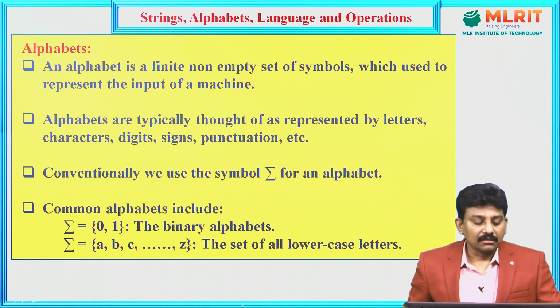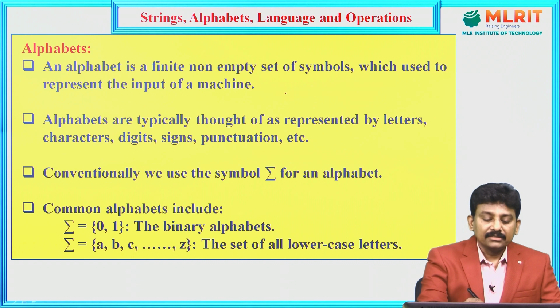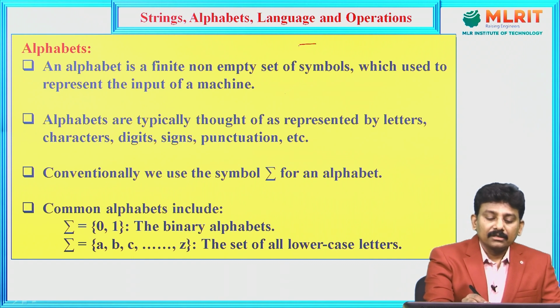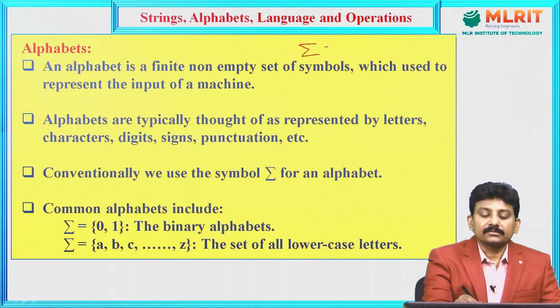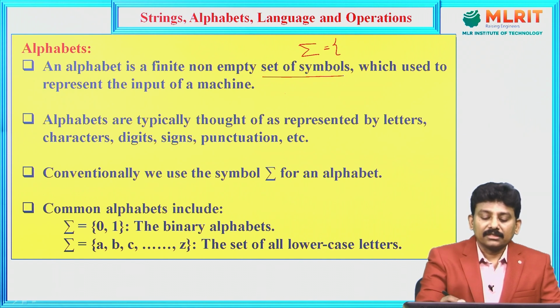Alphabets are typically thought of as represented by letters, characters, digits, signs, punctuations, etc. Conventionally, we use the symbol capital sigma for an alphabet. Here, alphabet is represented by the symbol capital sigma. It is a set of symbols.